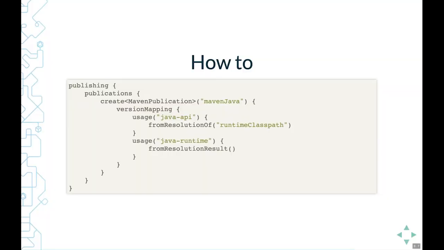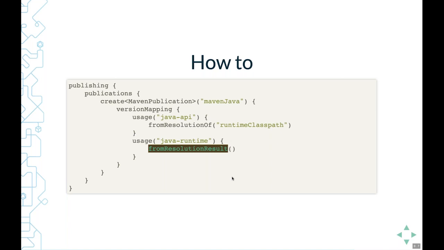Okay, so how do you do that? How do you choose between those two strategies? Again, it's on the publication side. You have something called the version mapping, and what you see there is a way to say, I want to use the resolution results. The easiest way to configure that is just let Gradle use its defaults.